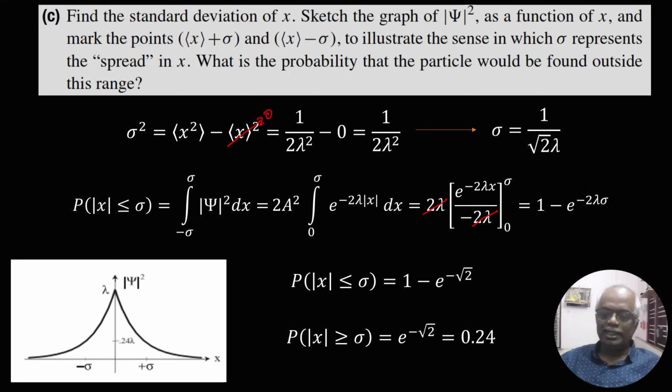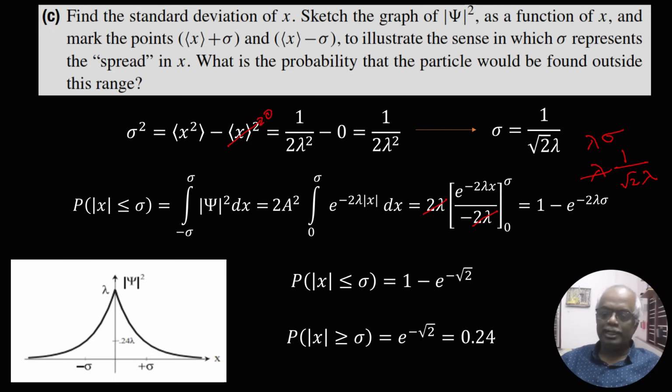So what is lambda times sigma? You keep lambda as it is, and sigma we have seen is 1 over square root of 2 lambda.